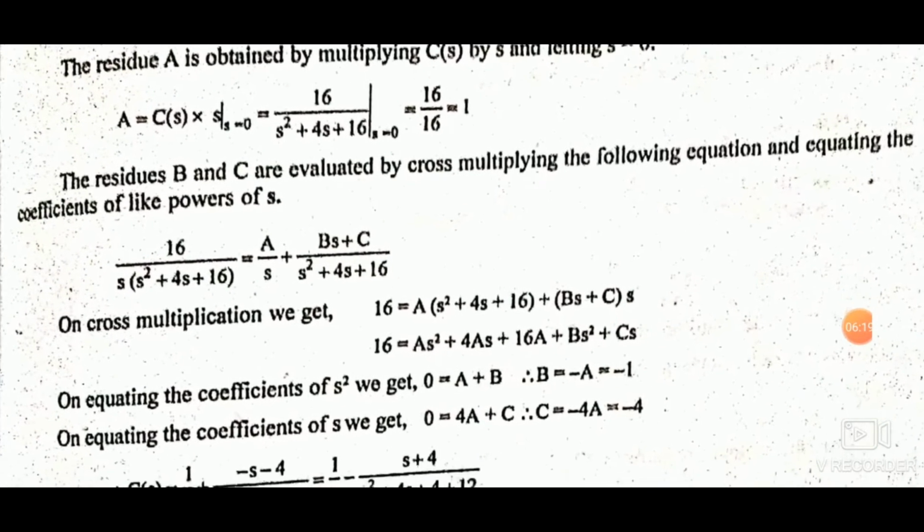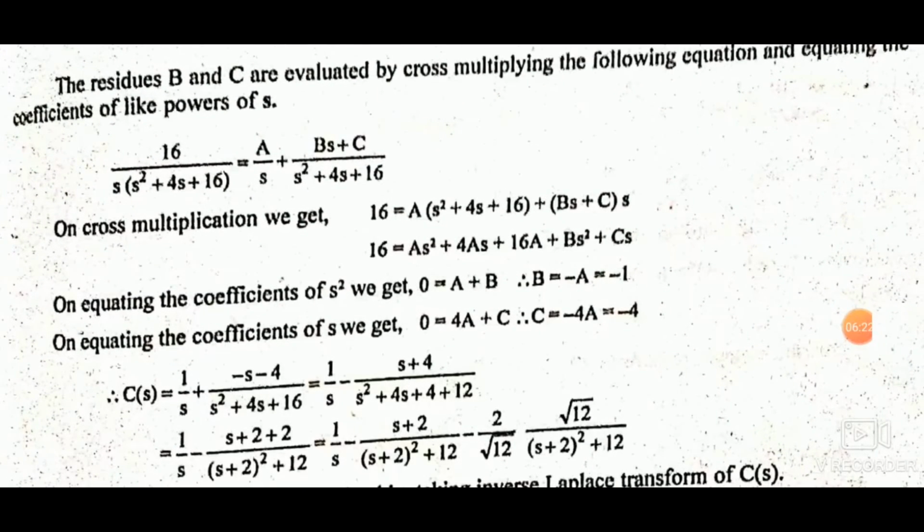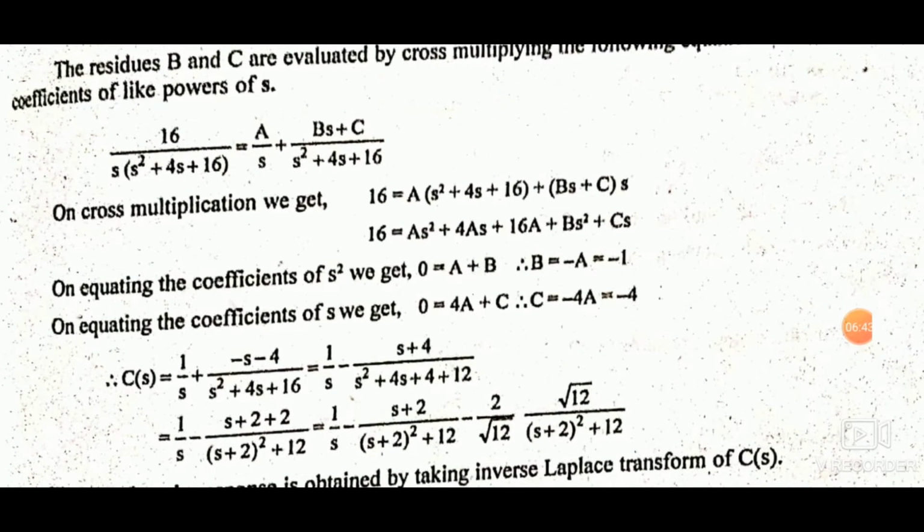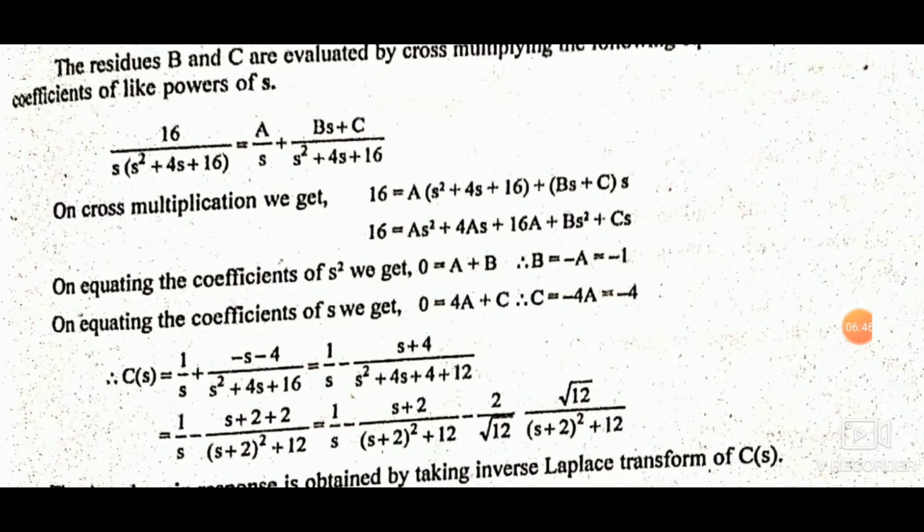So we'll get C of s equal to 1 by s plus (s minus 4) by (s square plus 4s plus 16), which is equal to 1 by s minus (s plus 4) by (s square plus 4s plus 4 plus 12). That is 1 by s minus (s plus 2 plus 2) by ... The s square plus 4s plus 4 I can write as (s plus 2) whole square, plus 12.